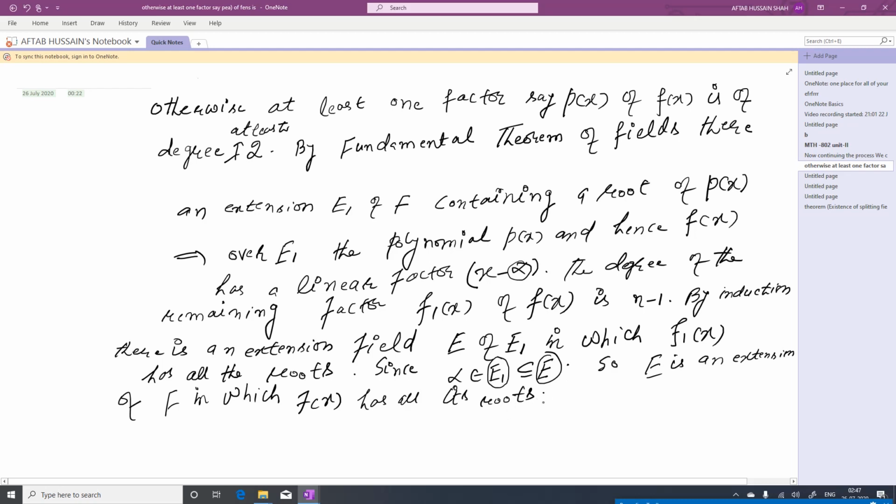Now we have to ensure that it is the smallest extension of F. To ensure that it is the smallest, you take the intersection of all the subfields of E containing F in which f(x) factors completely into linear factors. That would be the splitting field. So let K be the intersection.